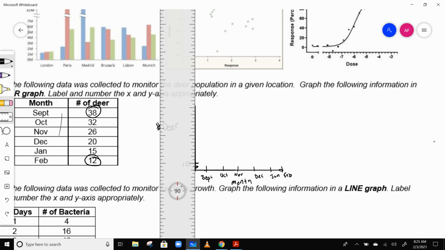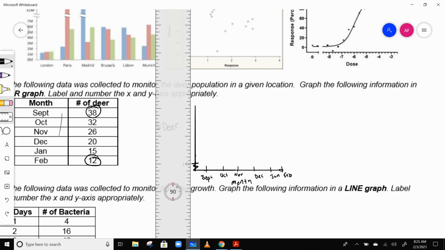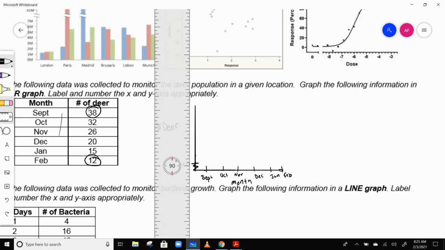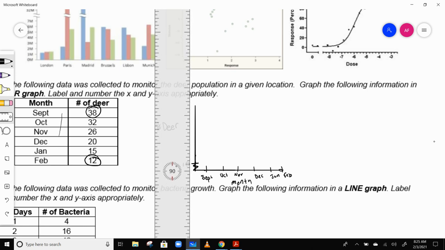So let's use this little line right here. We use that much, so about 2 ticks. So this and the next one here. No, good enough. We'll just make those marks and then extend them over.